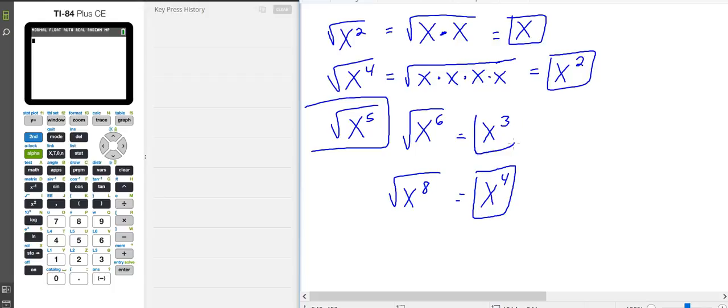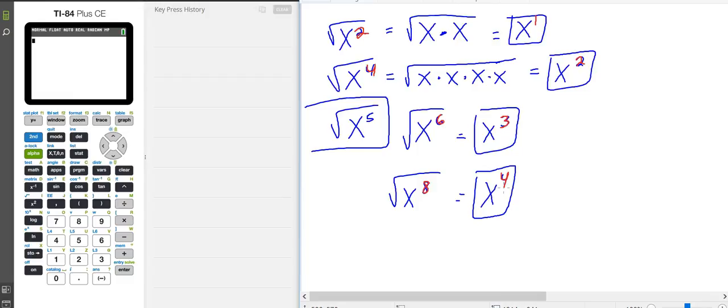Now, by now you should be noticing a pattern. Whenever we had a variable to an exponent, let's say x squared, when we took the square root of it, the exponent of the new variable was half of the original one. When we had x to the fourth, when we took the square root, the exponent of the new one was 2. When we had x to the sixth, the square root was x to the third, which is half of 6. When we had x to the eighth, the square root had a new exponent that was half of 8, which is 4.